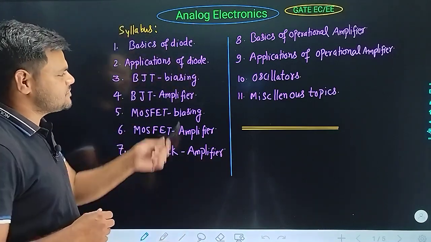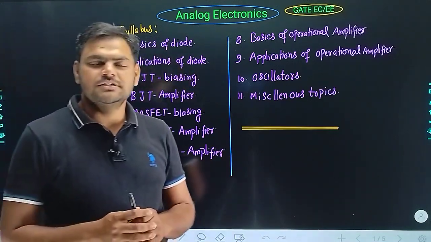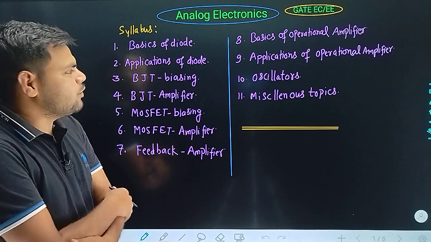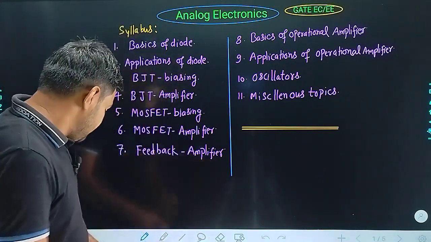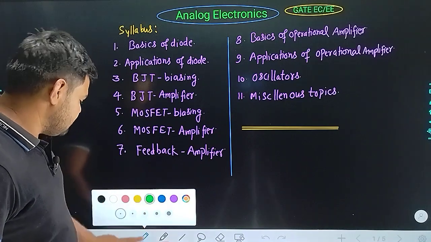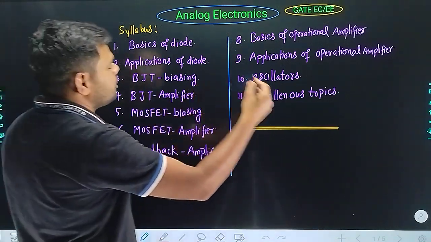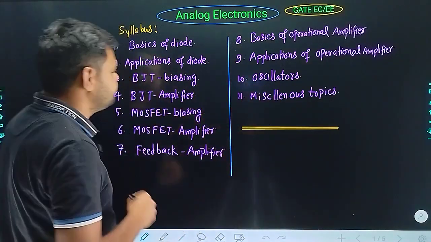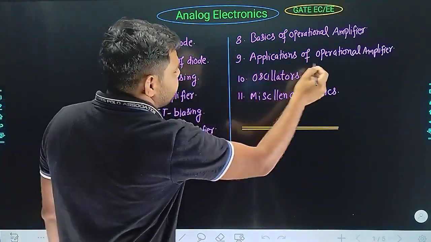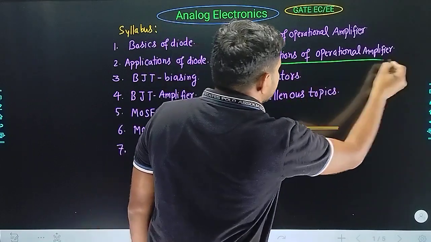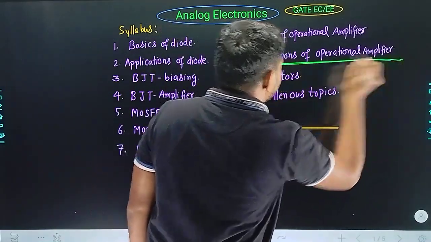So this is the syllabus, you may write it down. This syllabus is according to the electronics and electrical engineering branches, of course. Let me mention some more points. If we talk about the important topics from the electronics or electrical point of view, then I must say the very important topic is application of op-amp.